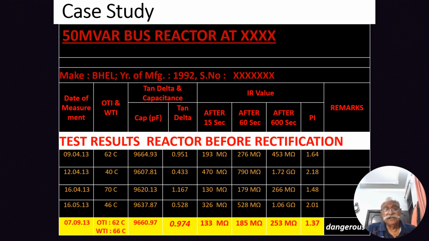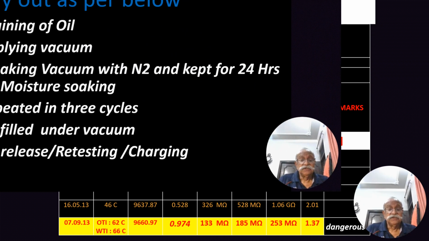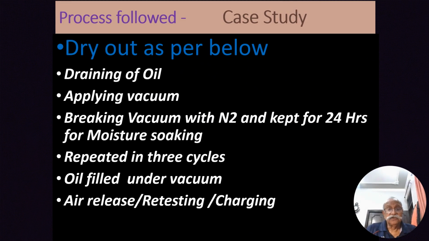Now, these are certain examples where results were expressed. It is a case of a 50 MVAR bus reactor, of 1992 make, location hidden, and we found that there was a certain problem in the capacitance and tan delta level. When the tan delta varies, there are certain actions you can take.